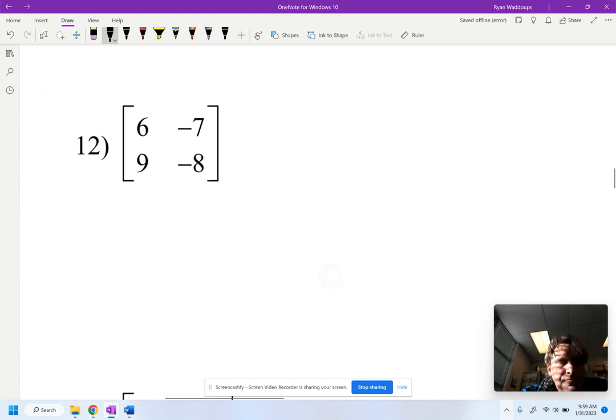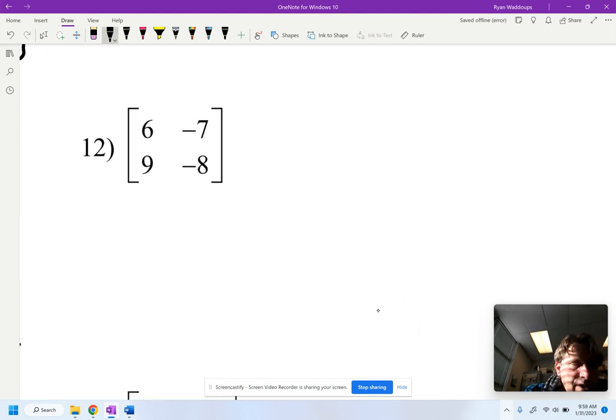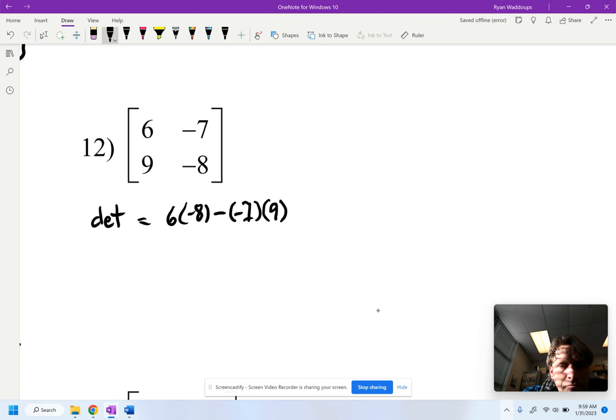All right, let's look at 12. First, our determinant. Our determinant is 6 times negative 8 minus negative 7 times 9. Six times negative 8 is negative 48.